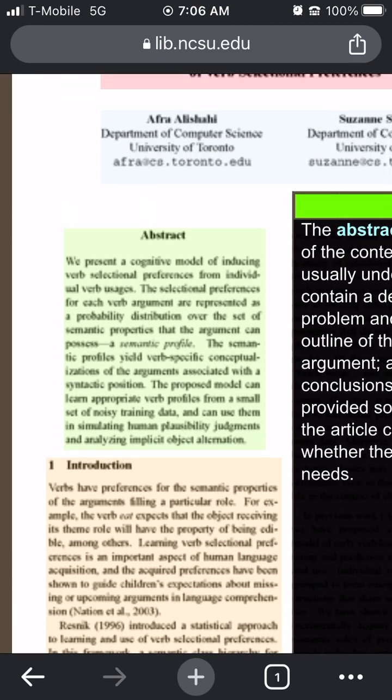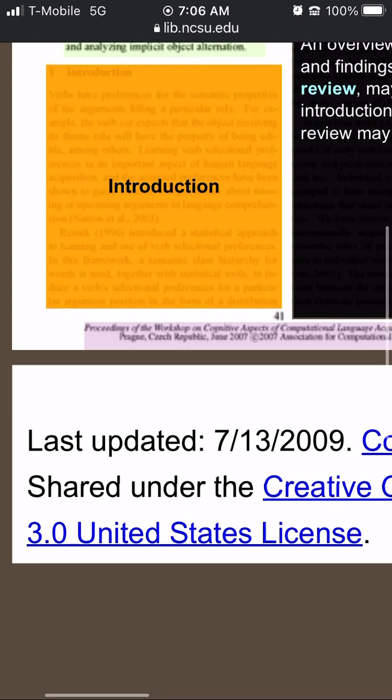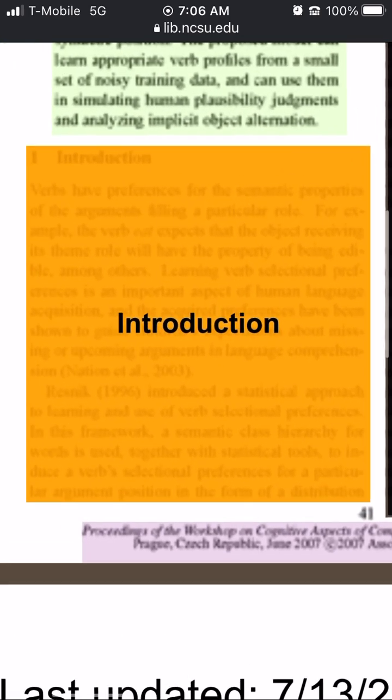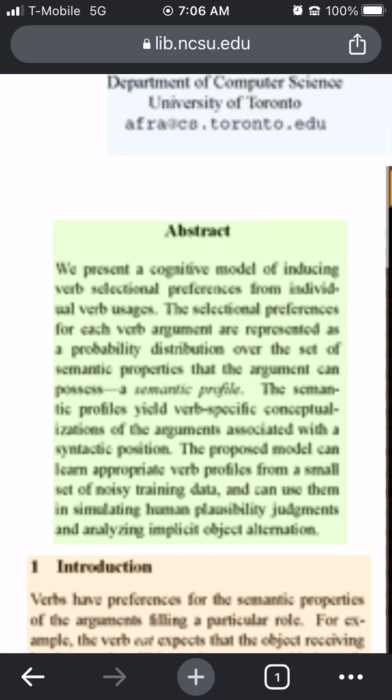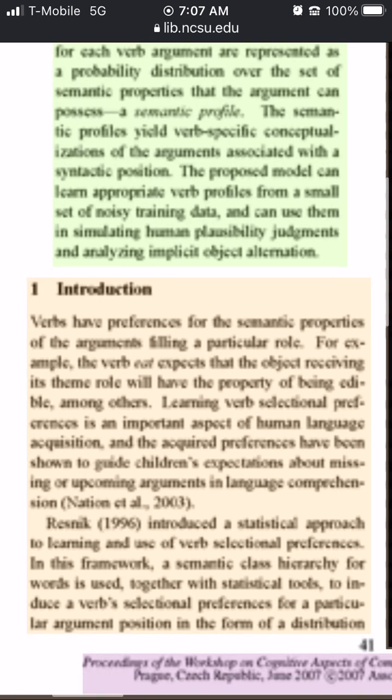So this abstract will tie in with the introduction, and the introduction is going to have a similar role, except it's going to start actually introducing quotes and some evidence to prove what was said in the abstract, which also both the introduction and abstract are supposed to tie in with the conclusion, which we're going to cover later.